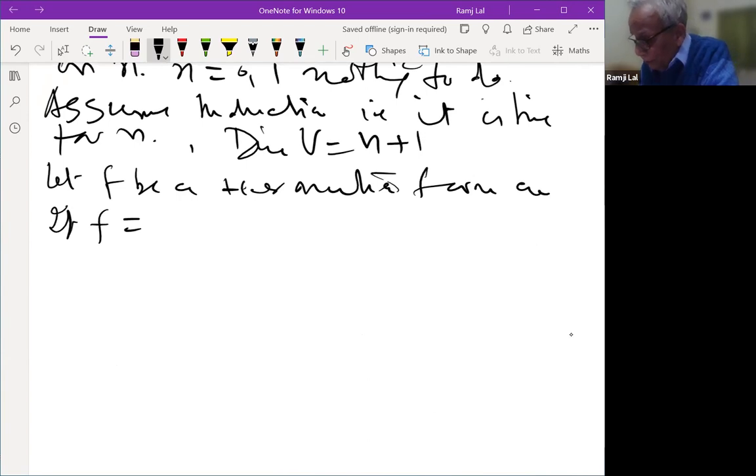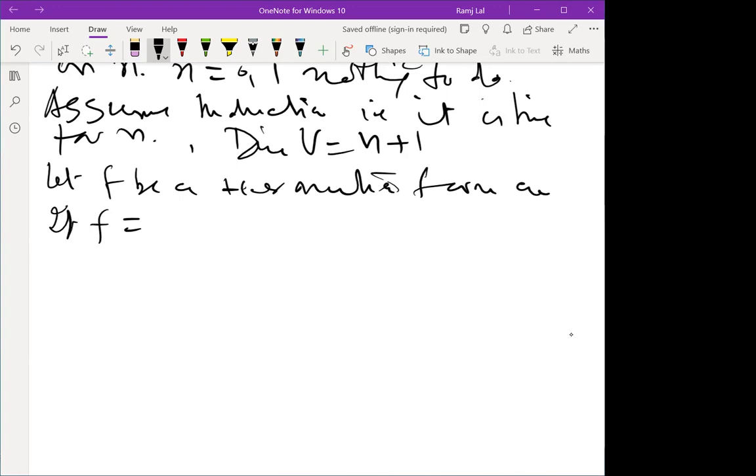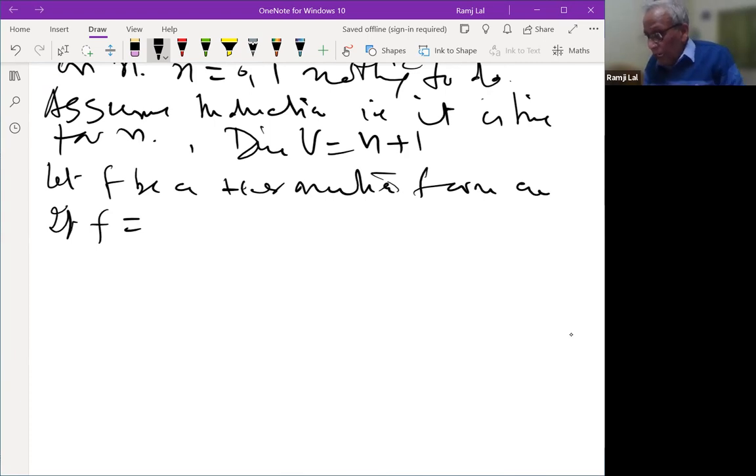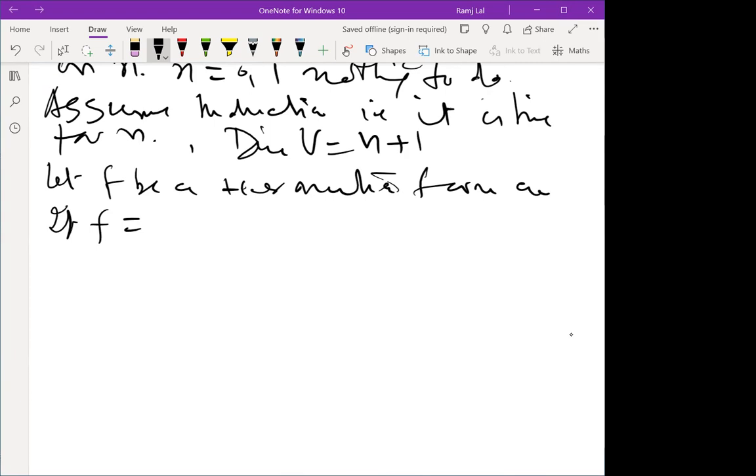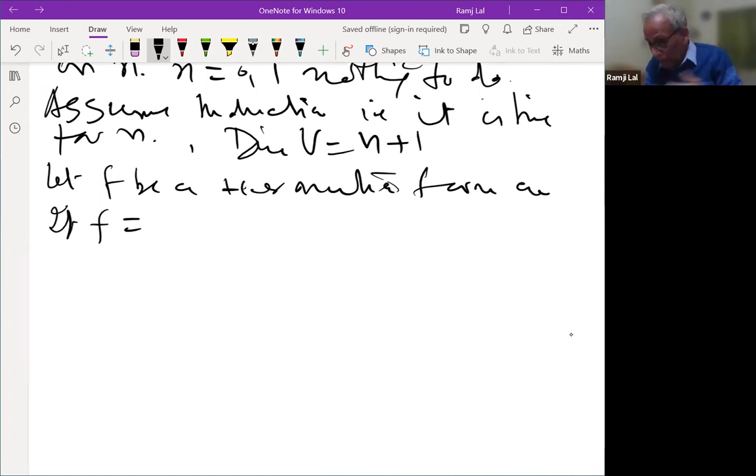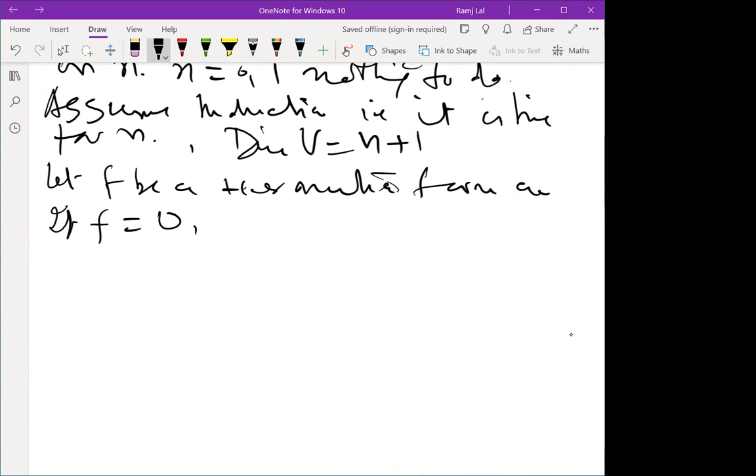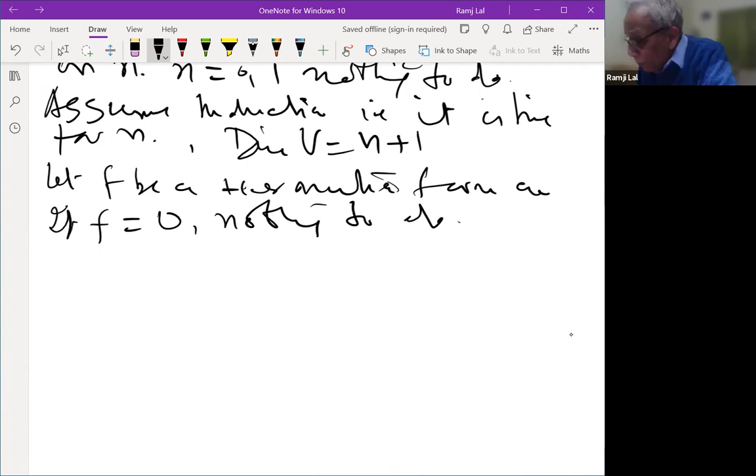I'm just repeating the same proof, but taking the non-trivial involution into account also, so that I can do the unitary group and orthogonal group simultaneously. So if F is 0, nothing to do. So suppose F is not 0.